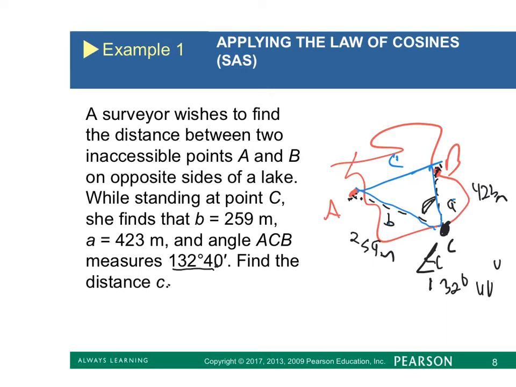So C squared is going to be equal to A squared plus B squared minus 2AB cosine of angle C, which has to match C. That's how we'll find out. We can easily find this by plugging everything in.